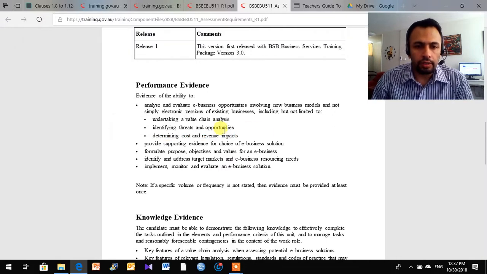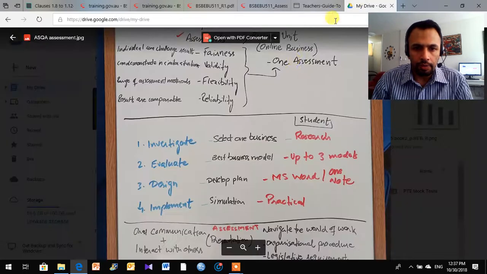So the student can work on this too and find out what will be the likely profit if a certain design is implemented.